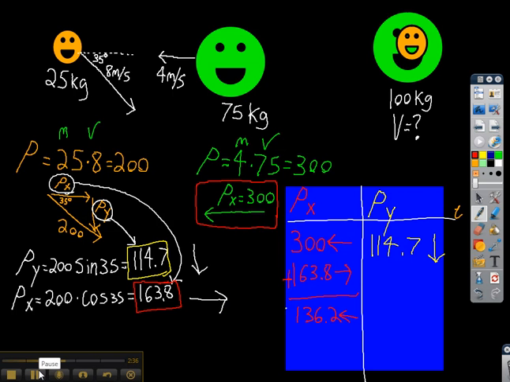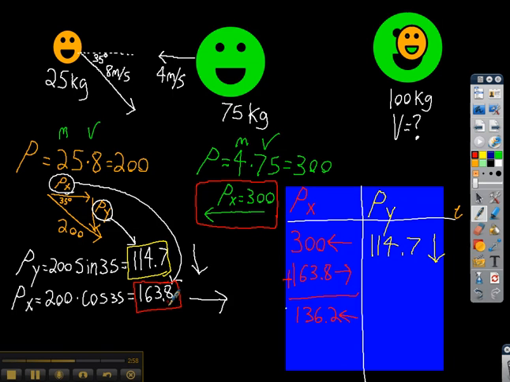Now that I've got the momentum broken down into components, we just got to organize it and put the problem back together again to see what we can do on this part where both of them are locked together. We've got to find the total momentum in the x and y direction. I've boxed the x momentums in red. You have 300 to the left from the green guy and about 164 to the right from the orange guy.